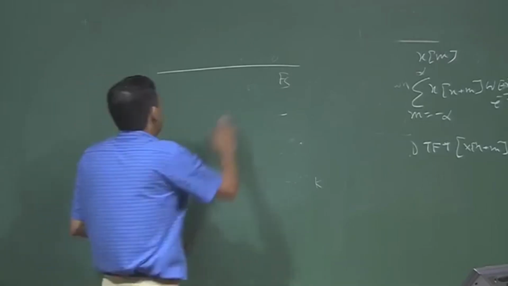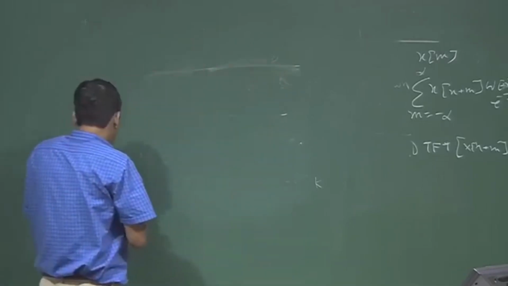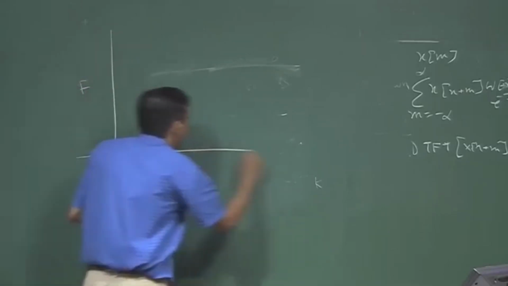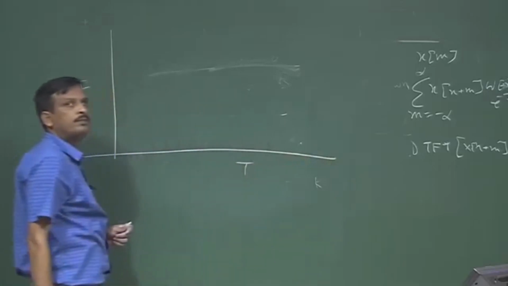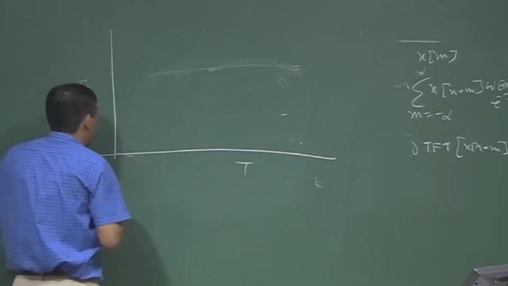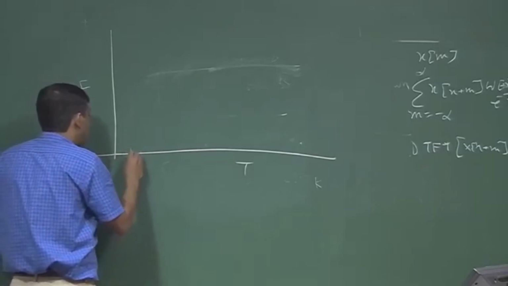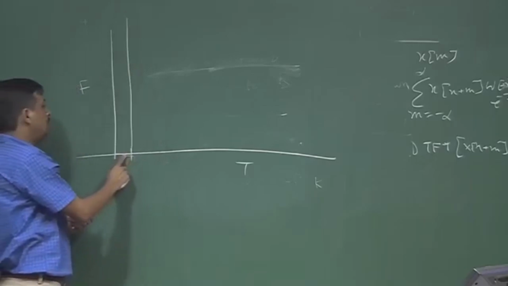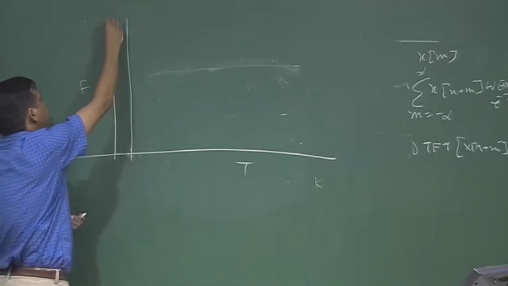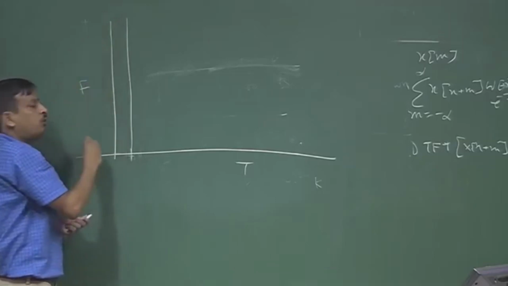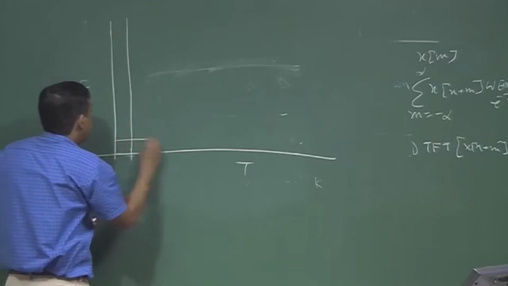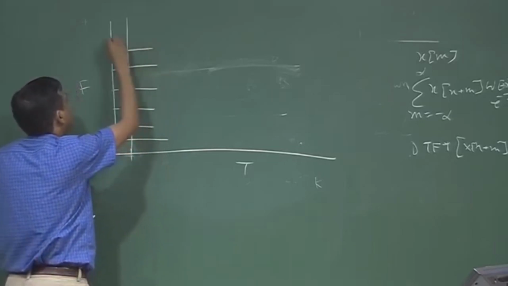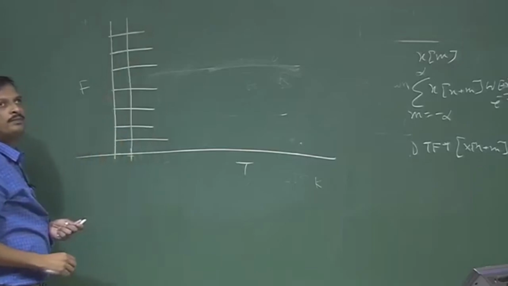So, this is my y axis, which is frequency, and this is my x axis, which is time. I take a small segment of the speech, this is the time I have taken. Now, if Fs is divided into 32 bands, that means I can divide this axis, the whole frequency scale, into 32 bands.